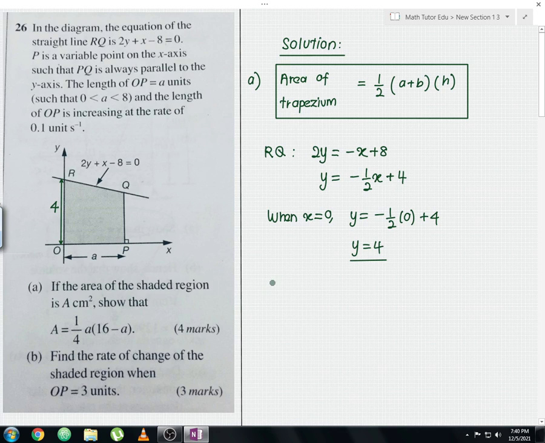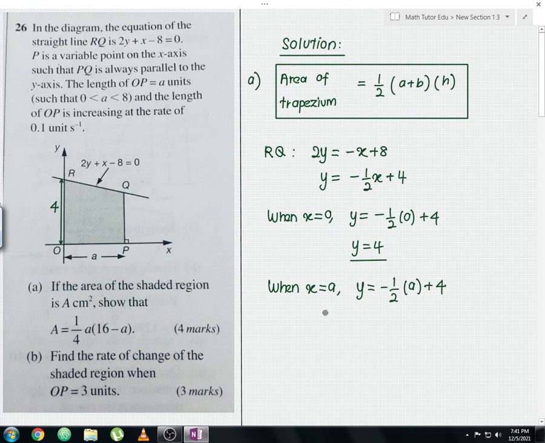So when x equals A, from here you substitute the A into the straight line equation. So y will be equal to negative 1 over 2 times A plus 4.